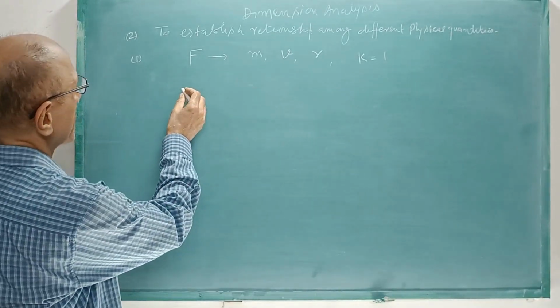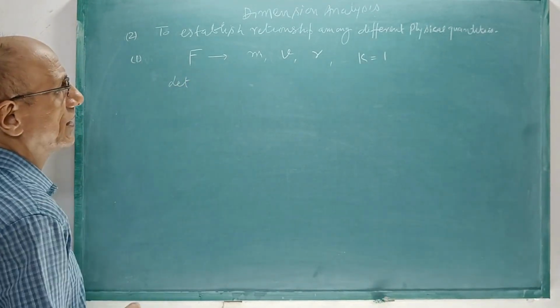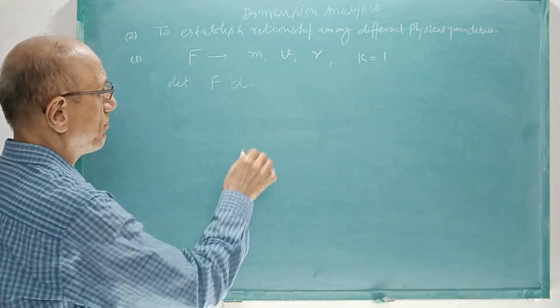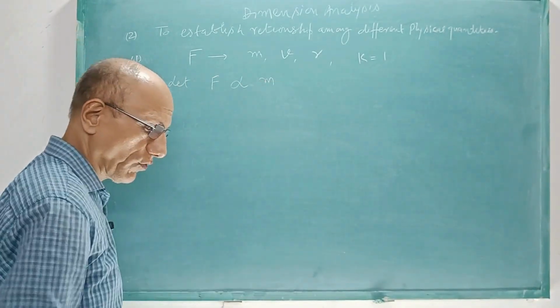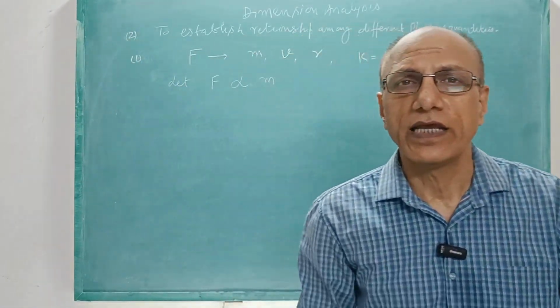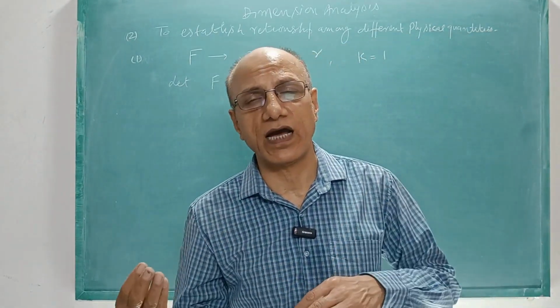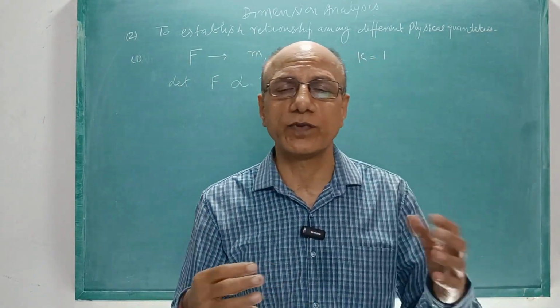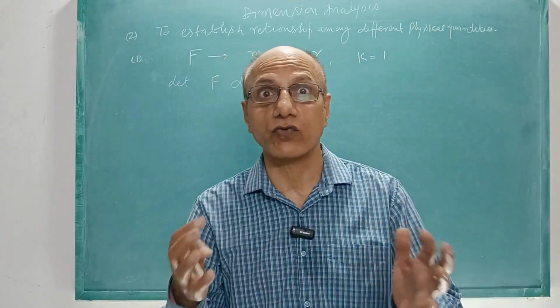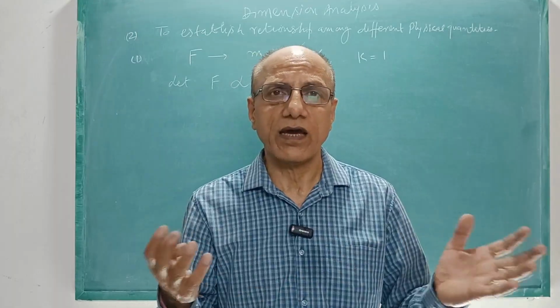So here, let this F be depending on the mass, but we don't know whether it is directly proportional or inversely proportional. यानी मास बढ़ेगा तो फोर्स भी बढ़ेगा, या मास घटेगा तो फोर्स भी घटेगा. लेकिन क्या मास डबल करेंगे तो वो 4 गुना होगा कि 2 गुना होगा या आधा हो जाएगा, ये हमें पता नहीं है.